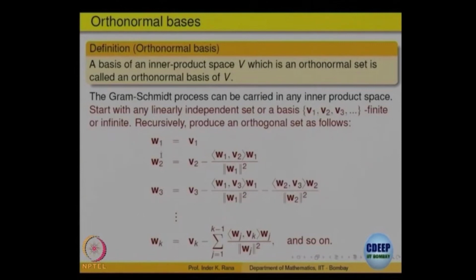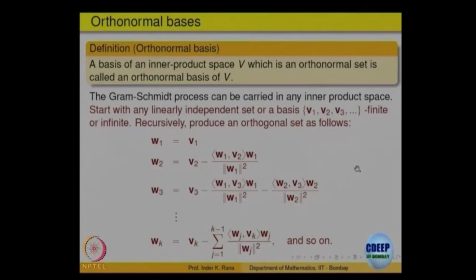You will get vectors W1, W2, up to Wk, which are mutually orthogonal, and the space spanned by them is the same as the space spanned by V1, V2, up to Vk. For finite dimensional, that is what we have done. The same process we can carry over if there is an infinite set, because given any n minus 1 vectors defined, you can define the next one.